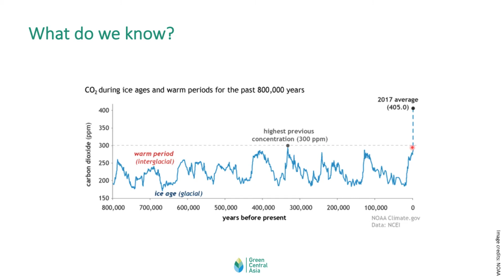And the other interesting thing is that we are increasing the carbon dioxide concentration in the atmosphere at a pace that has never been seen in the natural variability of the climate system, which means we are increasing the carbon dioxide concentration like 1 million times faster than the natural variability.